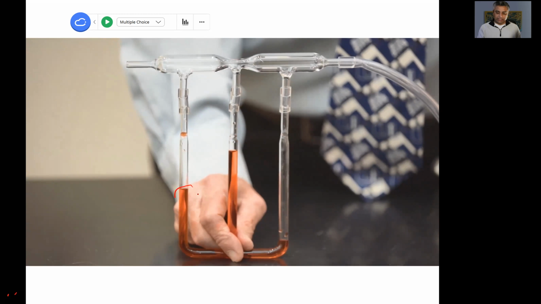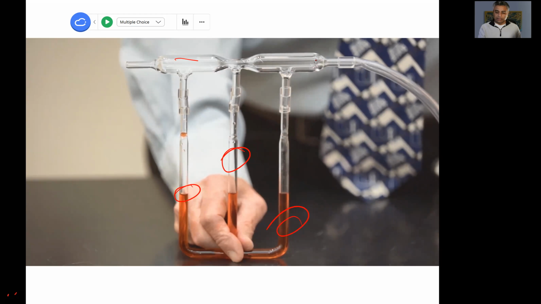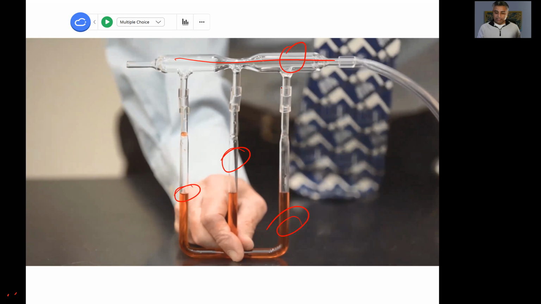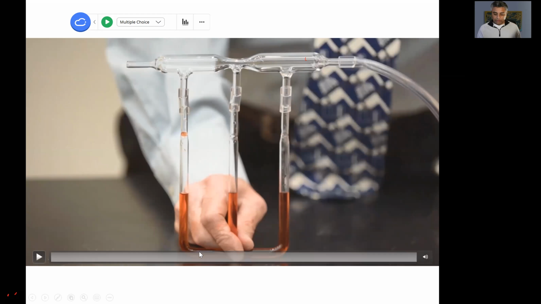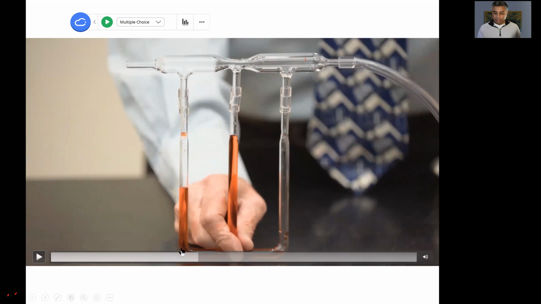So the difference in height, as you notice here, okay? Larger area, same height right now when there is no flow, but when there is flow, there is a height difference, see?